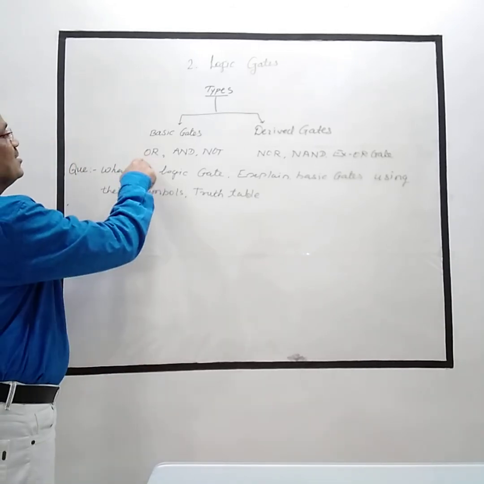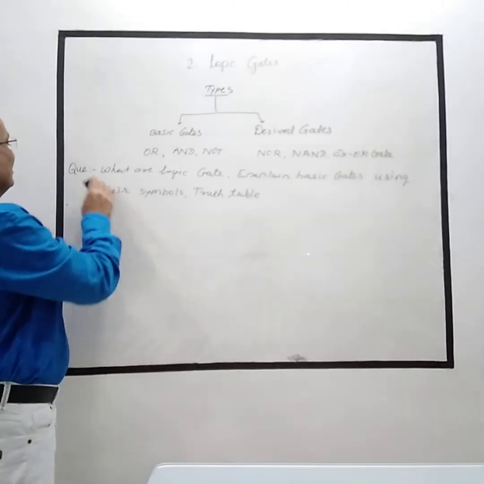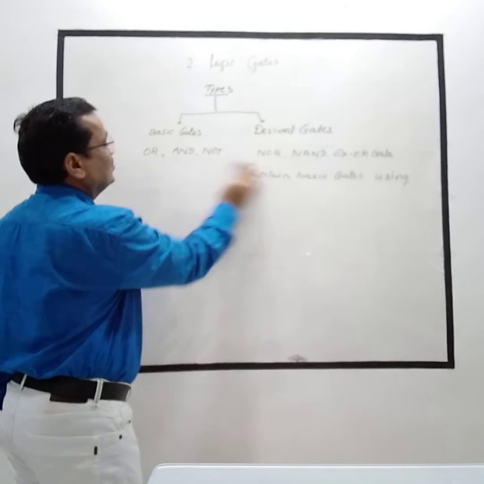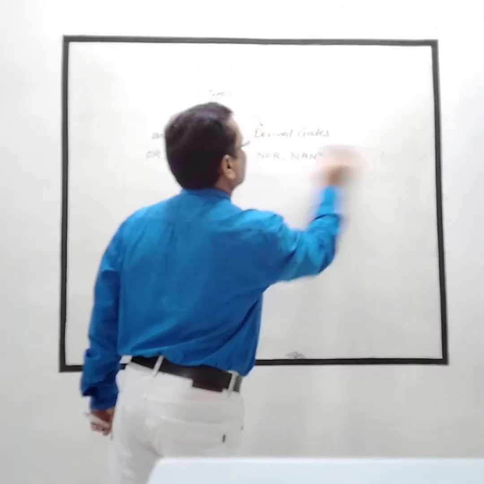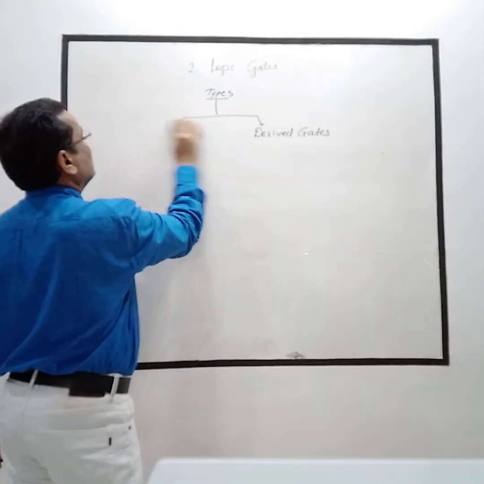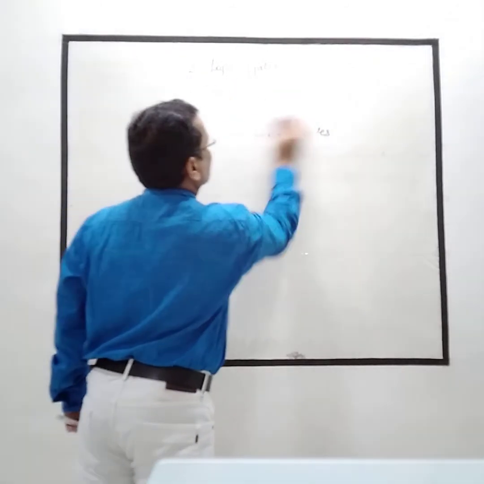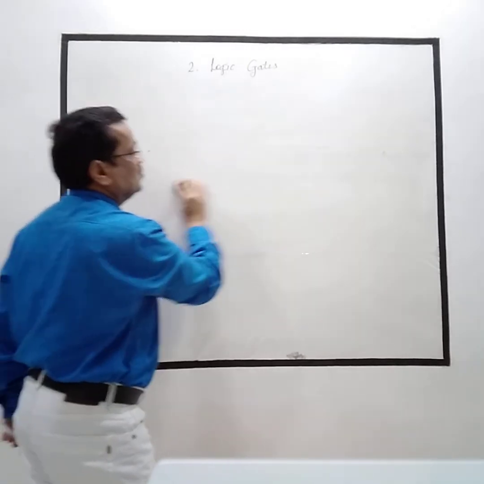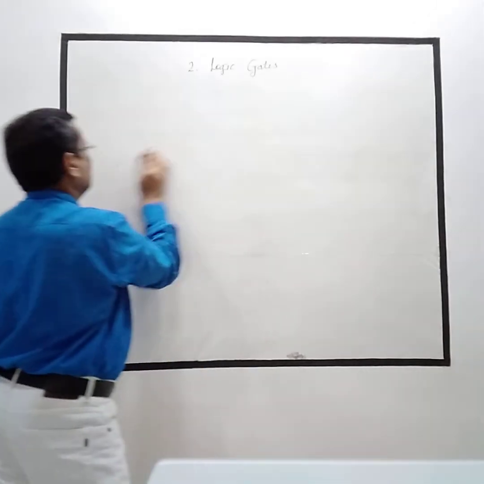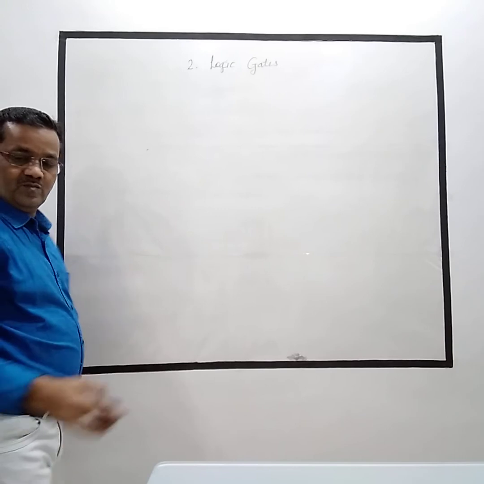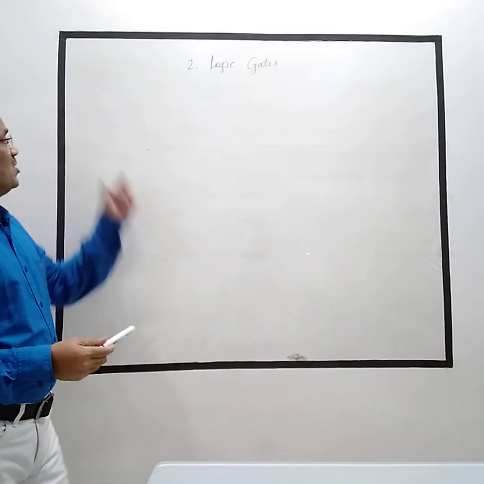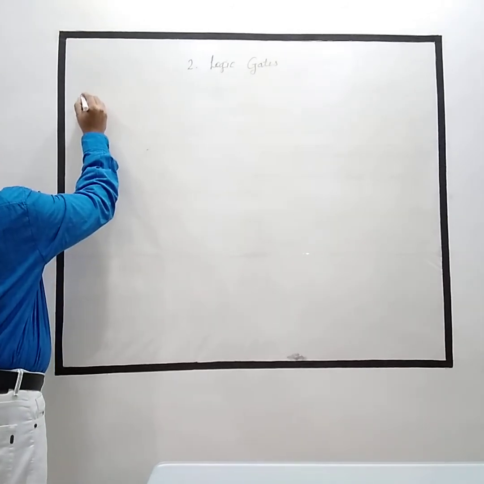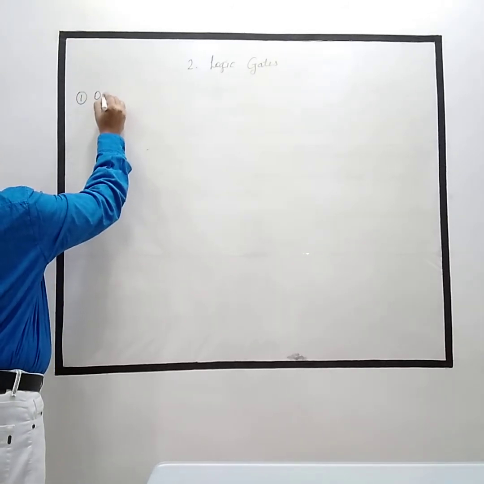Now let us discuss the basic gates one by one. So the first basic gate is the OR gate.